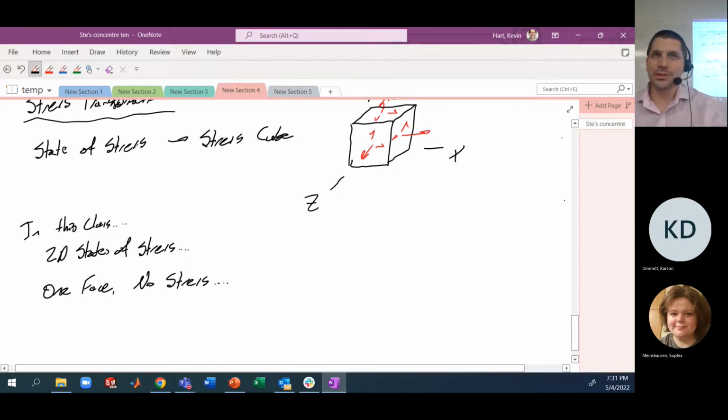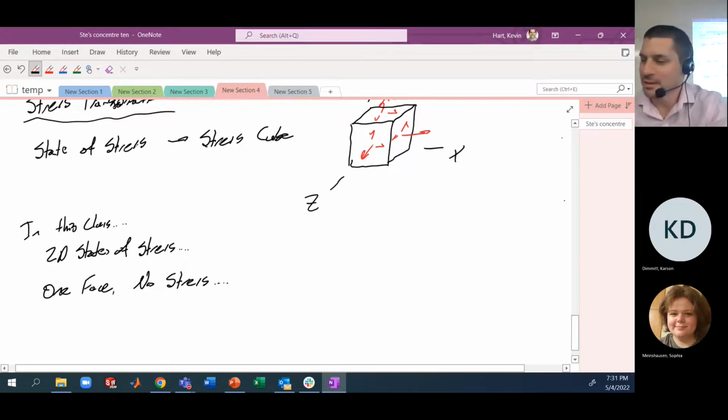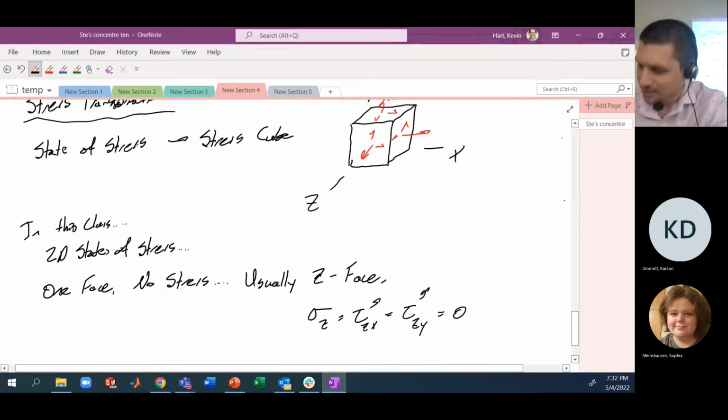Normally, and by convention, we're assigning the Z direction as the face with no stress. It's just naturally how you would do it because you typically want to work in the XY plane, right? So usually the Z face. Okay, so that means anything associated with the Z direction, and the equivalents tau xz and tau yz, are all 0. Okay.